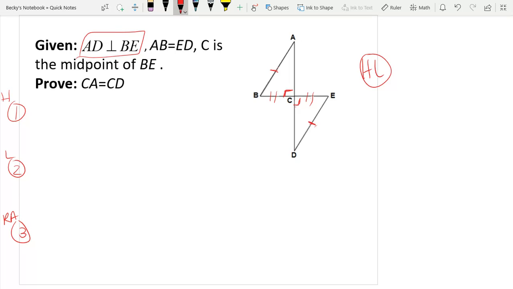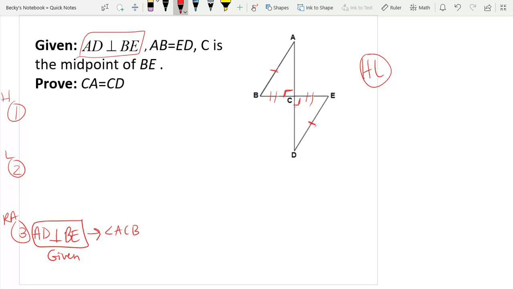So I'm going to put that in step 3. AD is perpendicular to BE. And this is given. And we know perpendicular lines form right angles. Hopefully you can find that quickly on your theorem sheet.